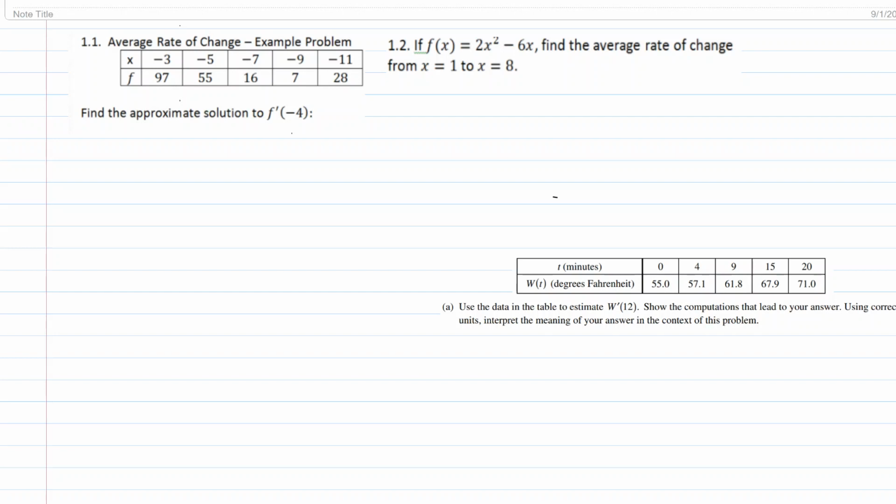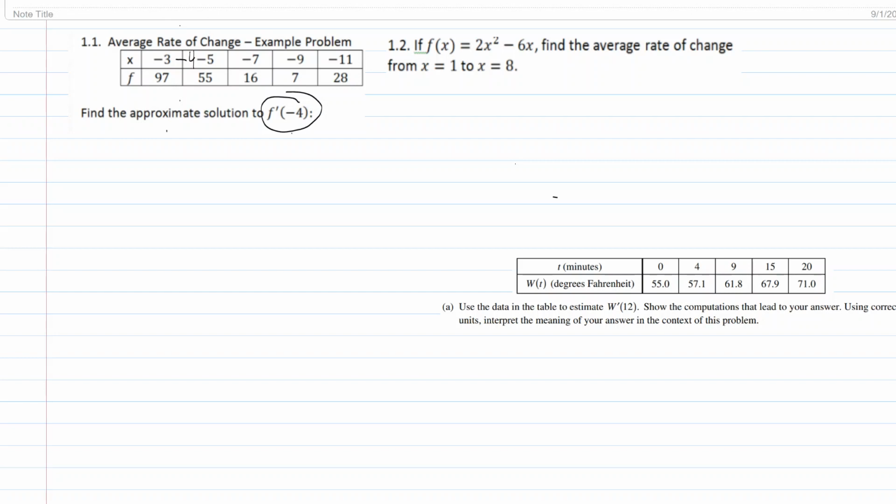So, the way we do this is, well, we're trying to find the approximate solution to f prime of -4 in this first question. We're given this table here. So to approximate -4, well, -4 is the x value in between -3 and -5. And so I'm just going to find the slope between -3 and -5.